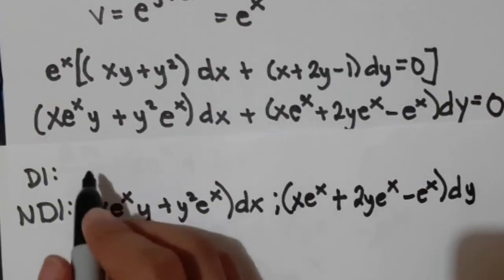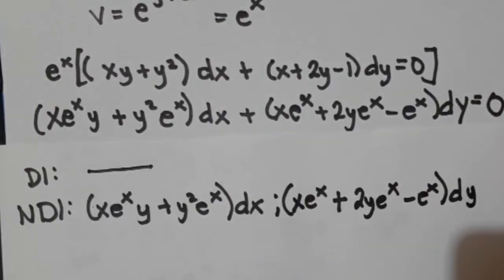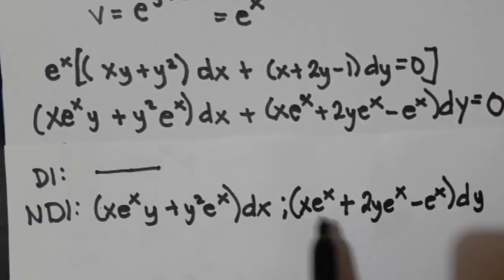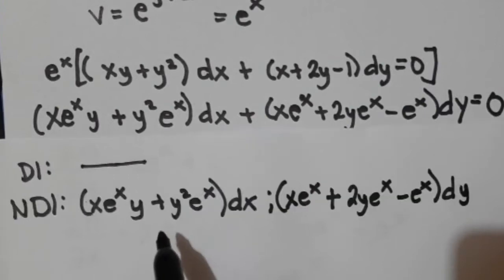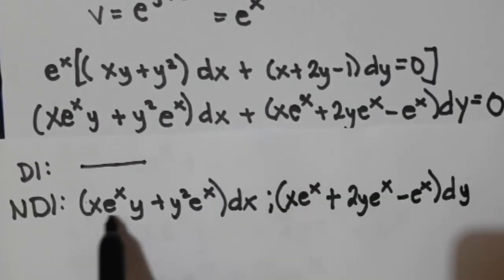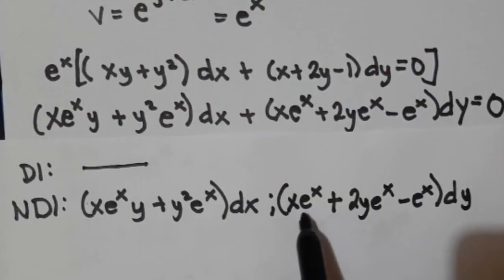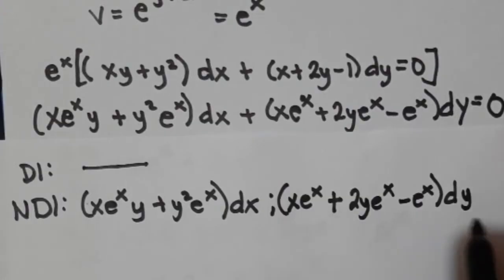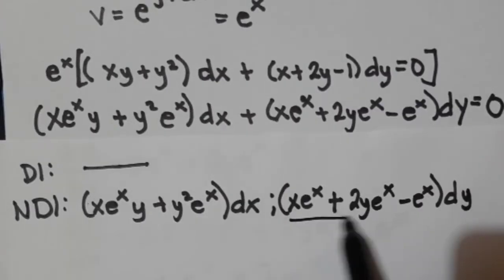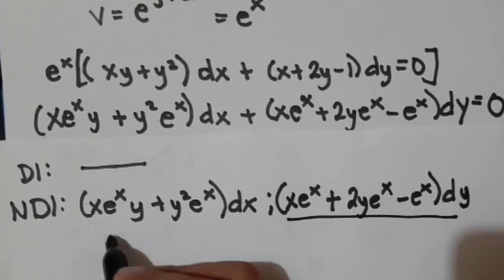So okay lang naman na wala tayong direct integrable. So in our equation we have non-direct integrable, so we just choose from the two. But if we notice, x e^x, when we integrate this we will use integration by parts. On the other hand, this one is easier because this is constant and it has dy. So let's choose this case.